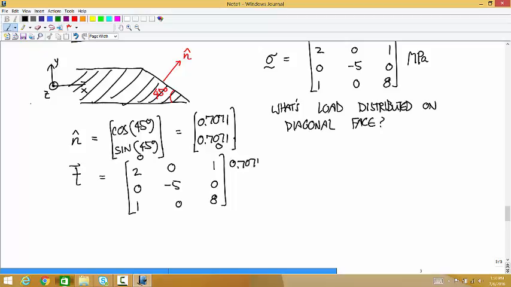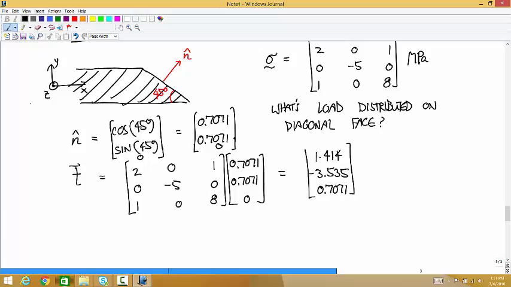So 0.7071, 0.7071, 0. And you get a value of 1.414, negative 3.535, 0.7071, and the units are megapascals.